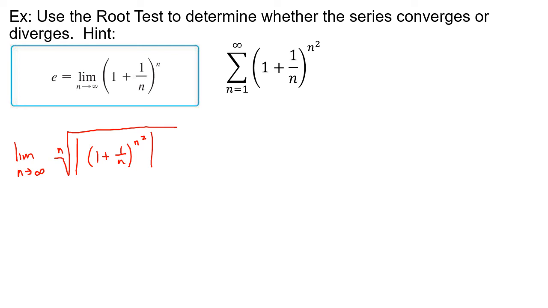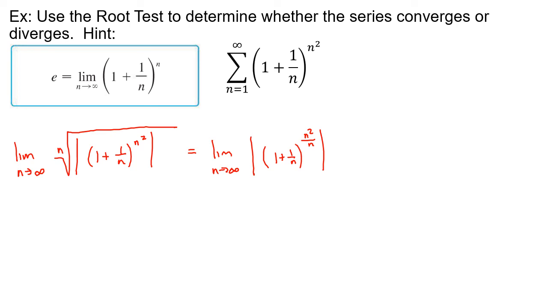Now, in this case, you might remember that when you have a power underneath the radical, you're actually going to end up dividing the n squared by the n, which is called your index, if you remember that term from radicals.